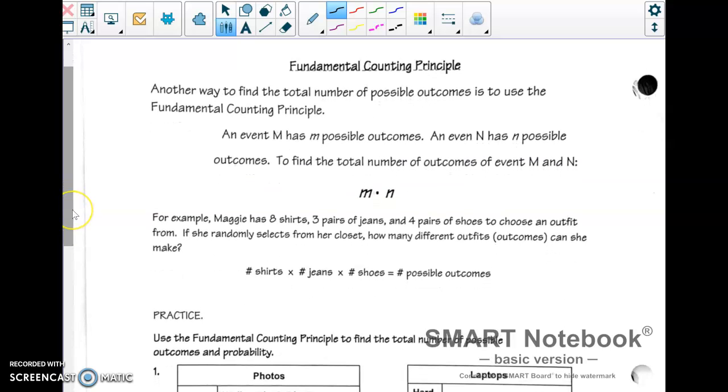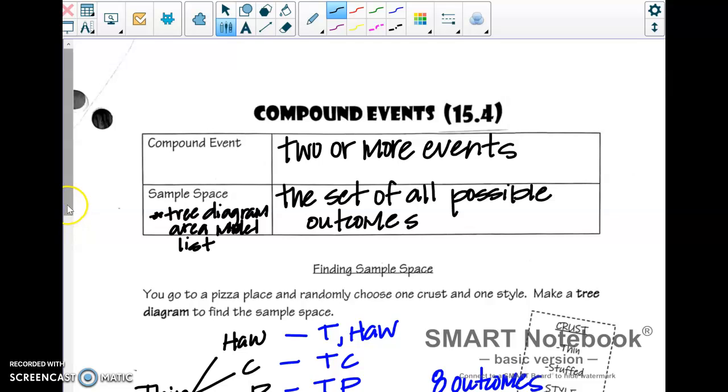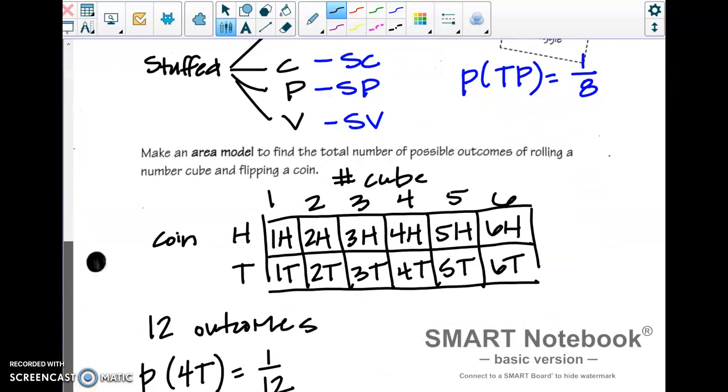When you're talking about how many possible outcomes there are, we use what's called the fundamental counting principle. All it means is if a certain event has m possible outcomes and another event has n possible outcomes, you just multiply them. So for example, if we go back to our dice and our coin, the dice had 6 options, the coin had 2, which means 6 times 2 makes 12 outcomes.